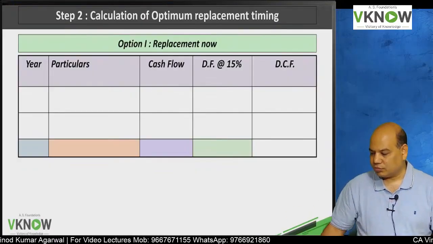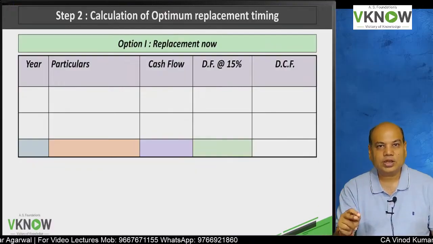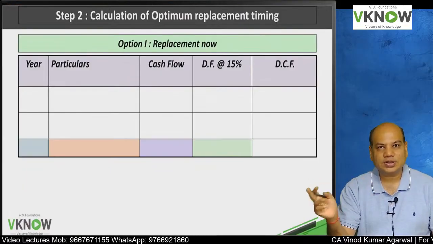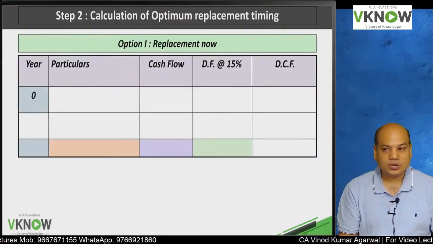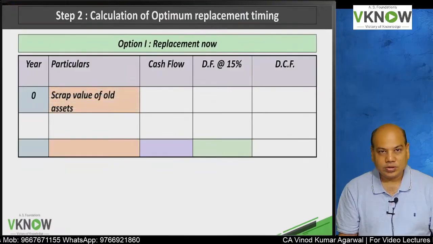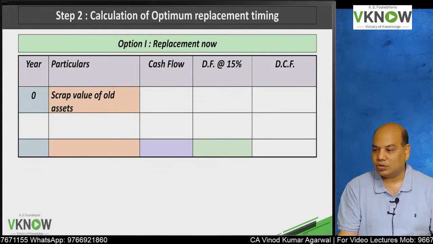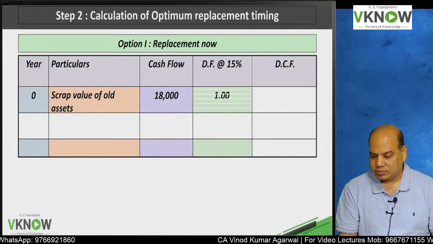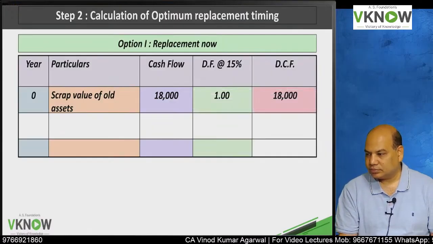So visualize, you have an old machine which you are going to sell today and purchase a new machine, and on the new machine the annual cost per annum is 16,000. You are going to sell the old machine in year 0, so that cash flow will take place. Year 0, scrap value of old asset, which is given 18,000. It is a positive cash flow.